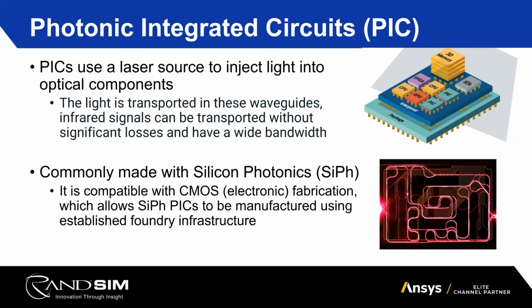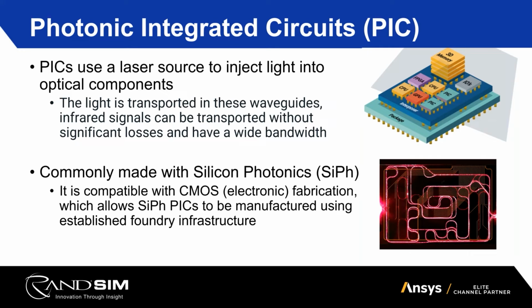So kind of getting into a little bit of the silicon photonics of it all, PICs are commonly made from silicon photonics, or the name is used interchangeably. If someone's saying silicon photonics, usually you kind of assume that they're doing something with PICs as well.